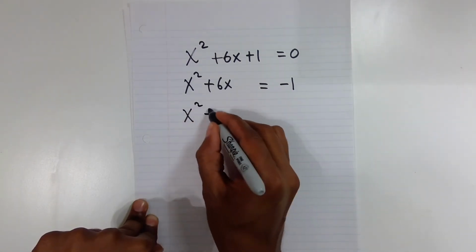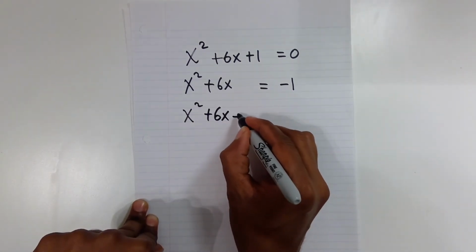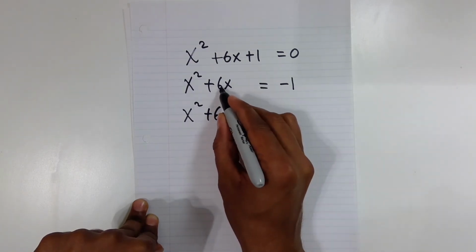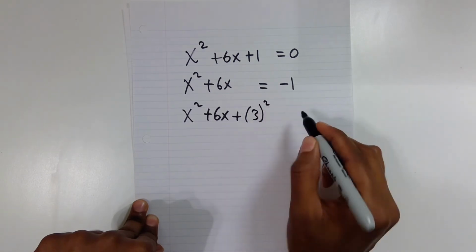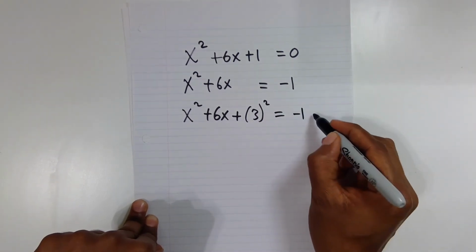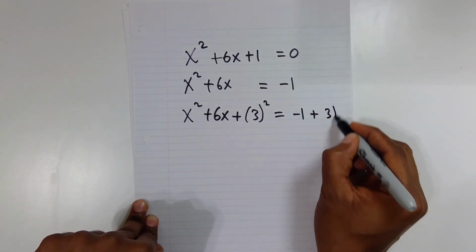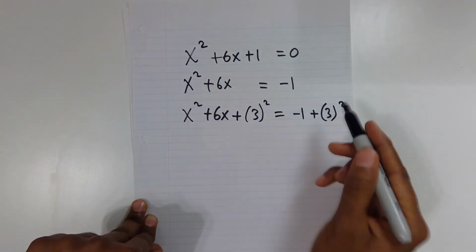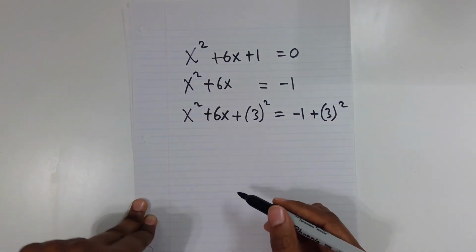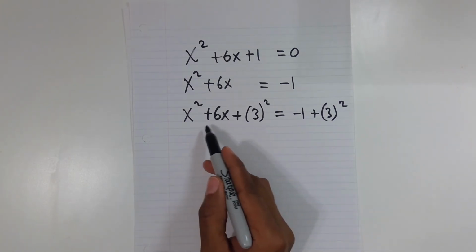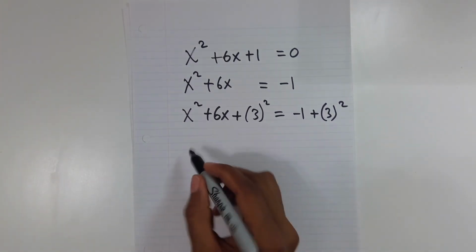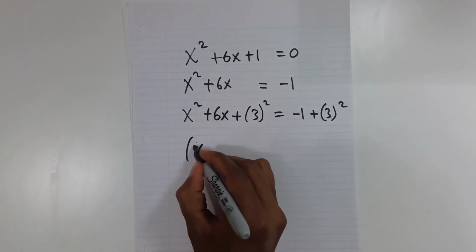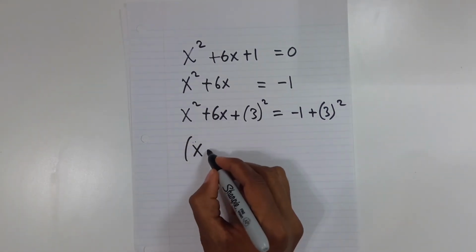X squared plus 6x plus, divide this by 2, that's 3, so it will be 3 squared is equal to negative 1 plus 3 squared, or you could just put 9 in there to make it easy. So the next step is to write this side of the equation as a perfect square, and we say it will be x from the x squared term plus, why is it plus?